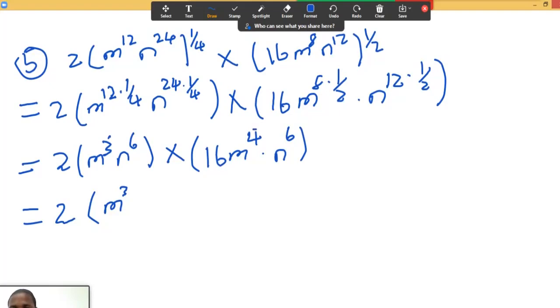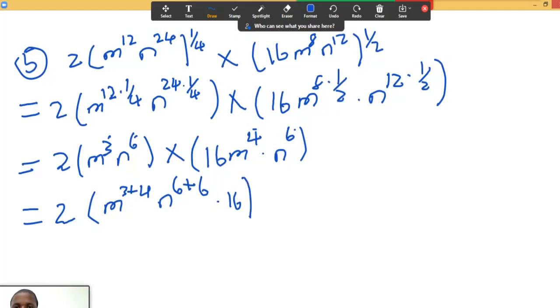So this shall give us 3 plus 4, and then we will have n to the power 6. So it will be 6 plus 6, because the bases are the same, so this gives us 12. But we still have our 16 here, of which you can always multiply by 16.